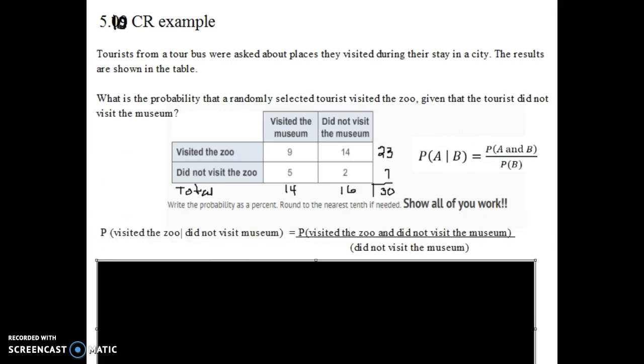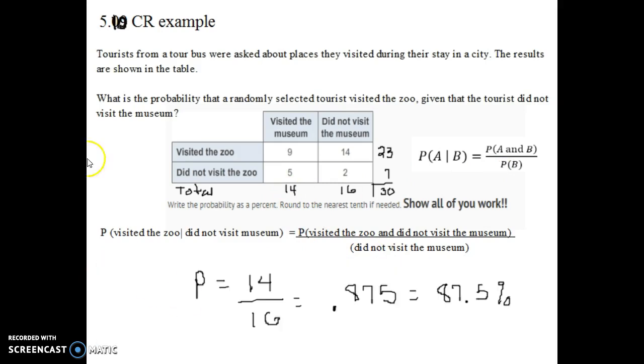If we use our formula, we've got those that visited the zoo, given that, this little line is given that they did not visit the museum. So the formula, we're going to look at the intersection of those that visited the zoo and did not visit the museum. And then we're going to divide that, instead of by the total, by the total that did not visit the museum. Okay, so our denominator changes.